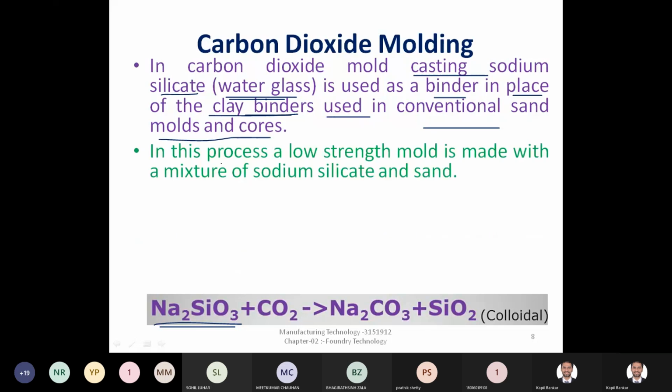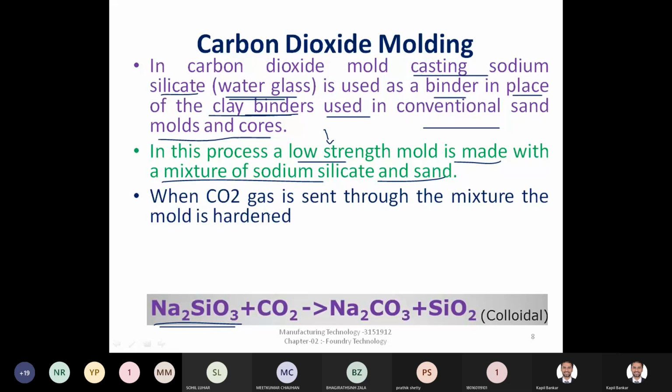In this CO2 process, a low strength mold is made with a mixture of sodium silicate and sand, and that low strength mold will become harder once CO2 is applied to it. When CO2 gas is sent through the mixture, the mold becomes hardened.